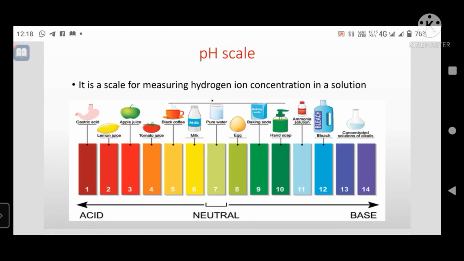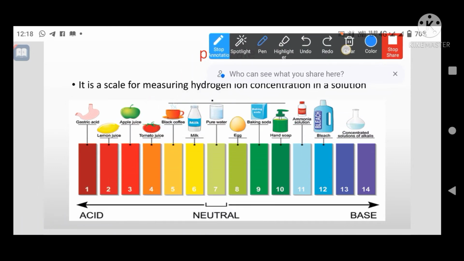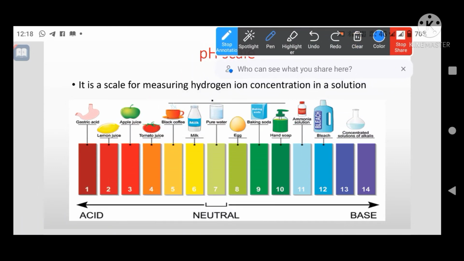Yes, this is the digital diagram for you. Regarding the pH scale, you clearly understand; still, let us see once more. Regarding pH, meaning the potential of hydrogen ions: the more the H plus ions, the lower the pH.